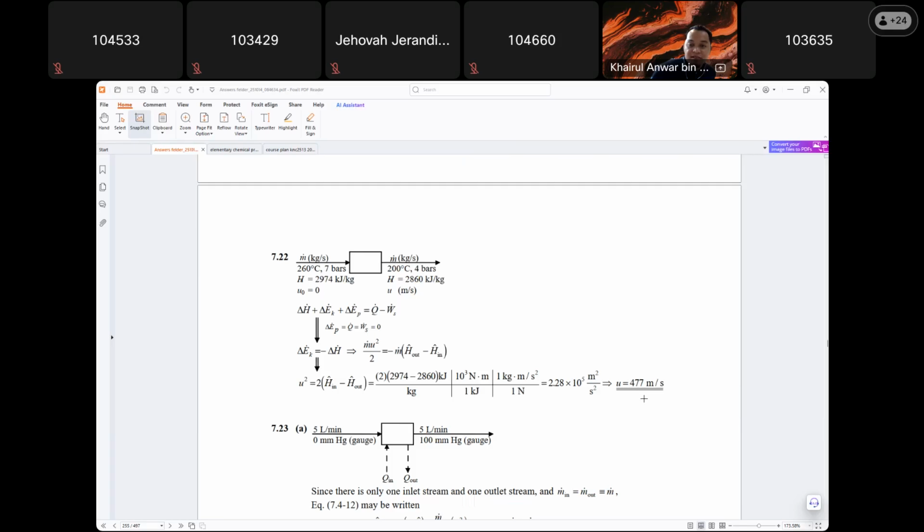Then this is u squared. Don't forget to take the square root of this and you get the velocity.